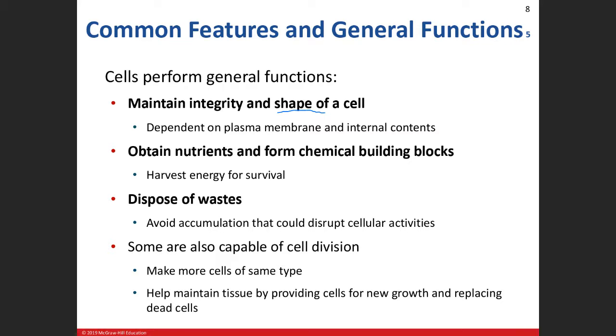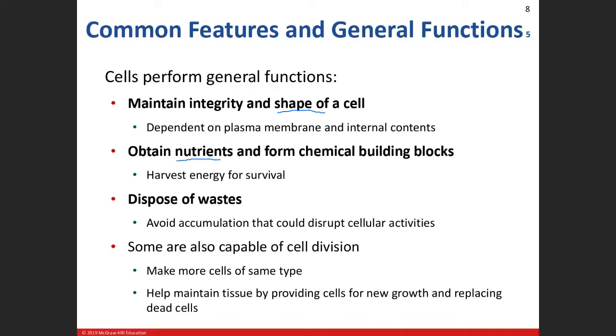Some of the other functions of a cell is to, obviously, much like us as a whole organism, obtain nutrients because we get hungry. And so we need to take things in. Our cell has to do the same thing. It needs to obtain nutrients because it has to use those nutrients to help in whatever function it's serving.